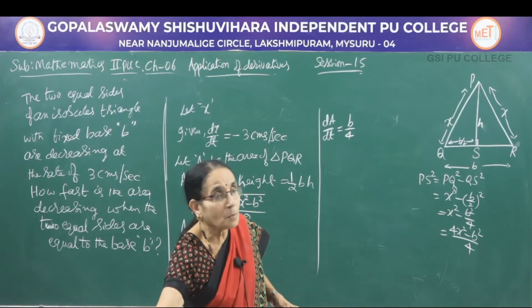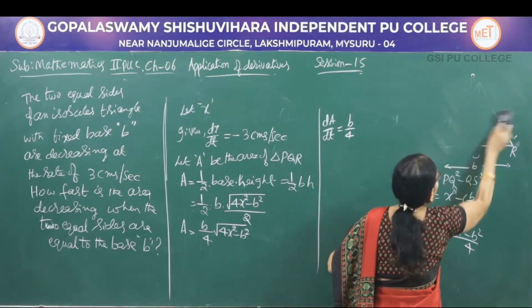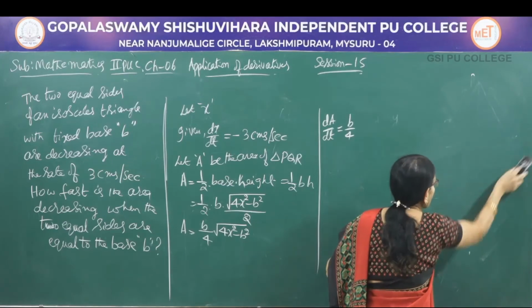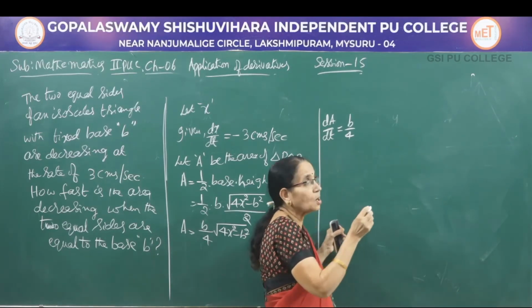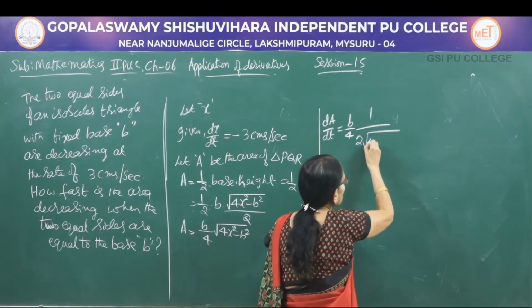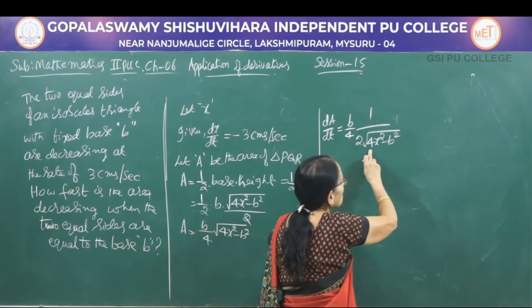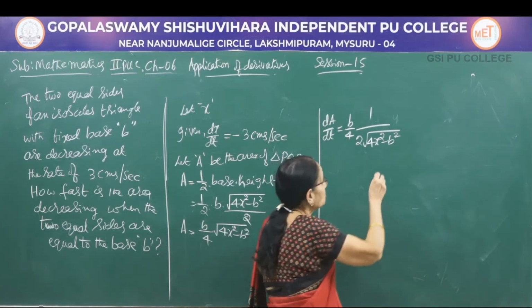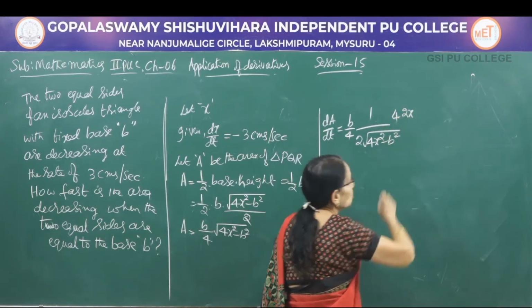You need not apply the product rule here, because B by 4 is a constant. Root of something, we are applying the basic rule of differentiation. Root of anything is 1 over 2 root of the same thing, 4x square minus B square, and 4x square has to be differentiated. 4 remains the same, x square becomes 2x.